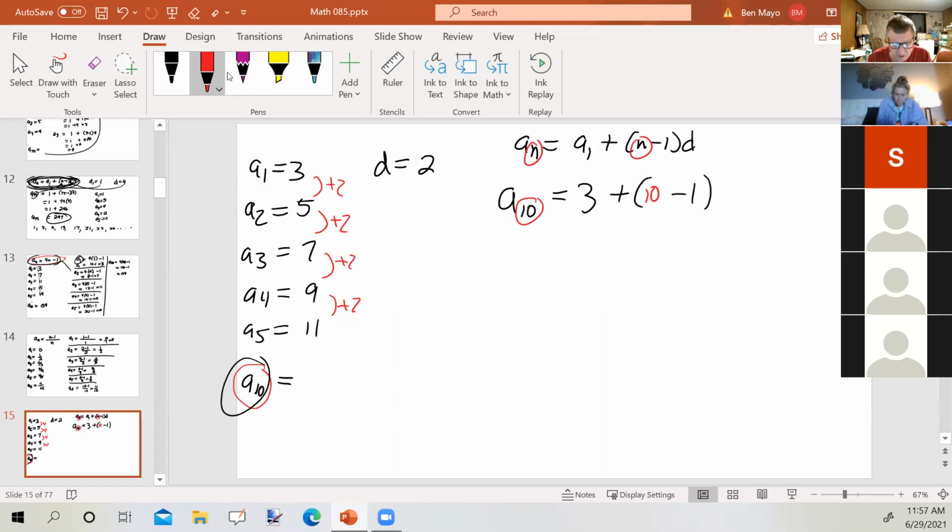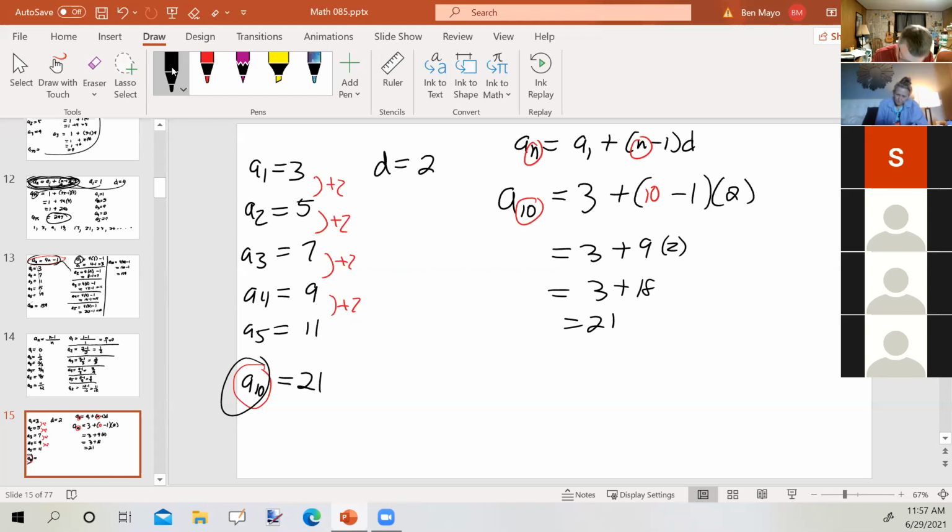You seeing that? What's d? 2. So this is 3 plus 9 times 2, 3 plus 18, 21. So the first 5 terms are 3, 5, 7, 9, and 11, and the 10th term is 21.